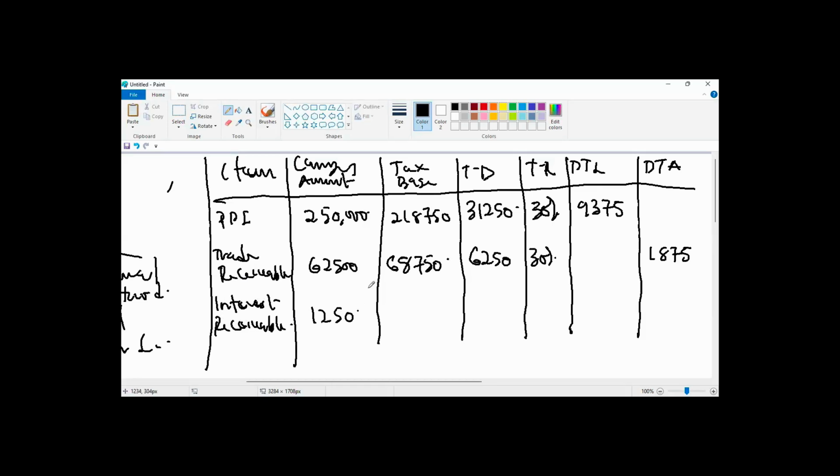So what is going to be the tax base now? 0. Do you see a deferred tax liability or deferred tax asset? Deferred tax liability. Liability of how much now? 375.